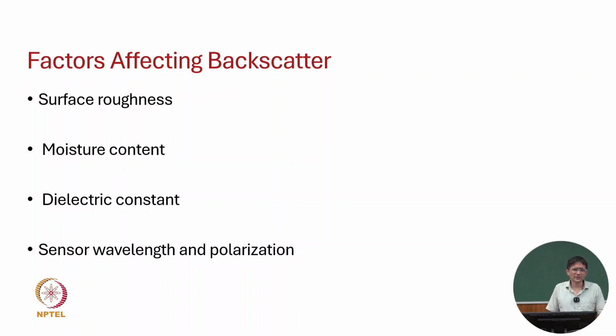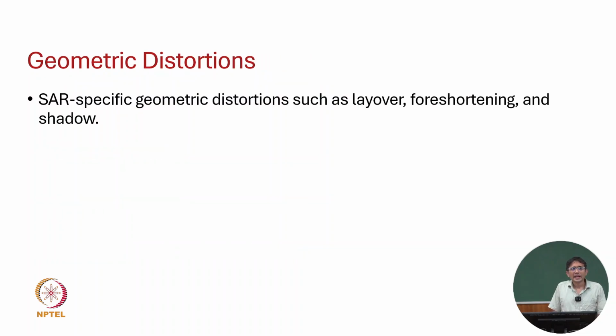We'll talk a bit more about the sensor polarization later in this lecture. And these factors that affect the backscatter also decide what kind of application we can use SAR images for, whether we can use them, let's say, for soil moisture mapping or not. So this all gets decided by these properties.